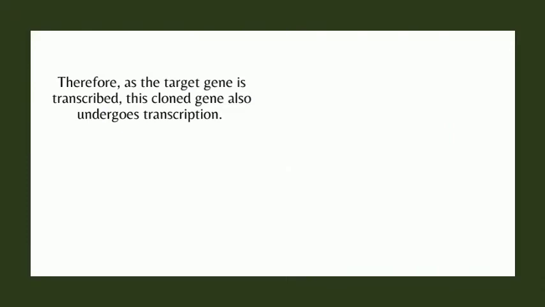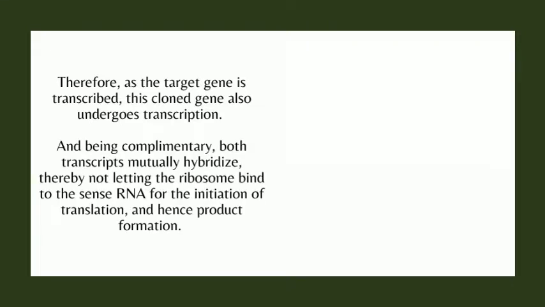Therefore, as the target gene is transcribed, this cloned gene also undergoes transcription. And being complementary, both transcripts mutually hybridize, thereby not letting the ribosome bind to the sense RNA for the initiation of translation and hence product formation.